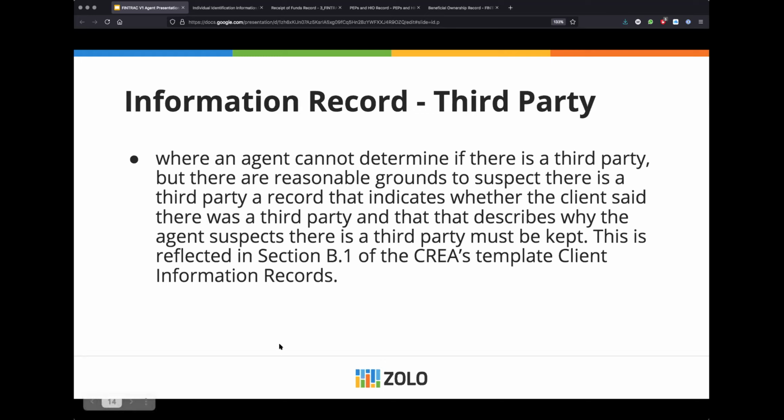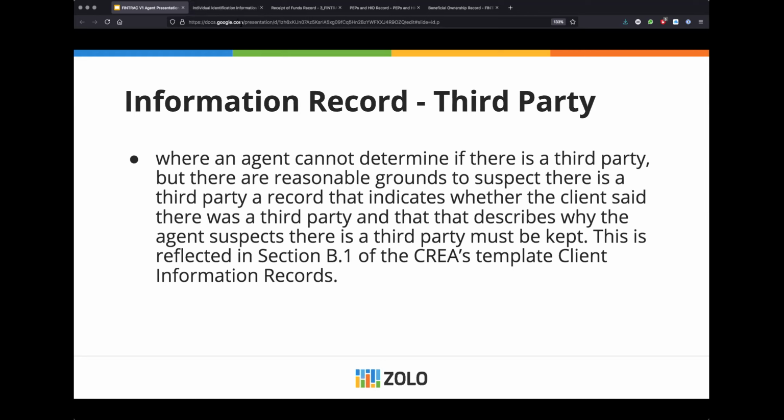So what this specifically means is, let's say you're working with the client and the client is constantly on the phone explaining the details of the home, of the transaction to someone else on the phone, even though the transaction is being conducted solely on the behalf of the client who you are face-to-face with, then you have reasonable grounds to be suspicious that a third party is involved in this transaction.